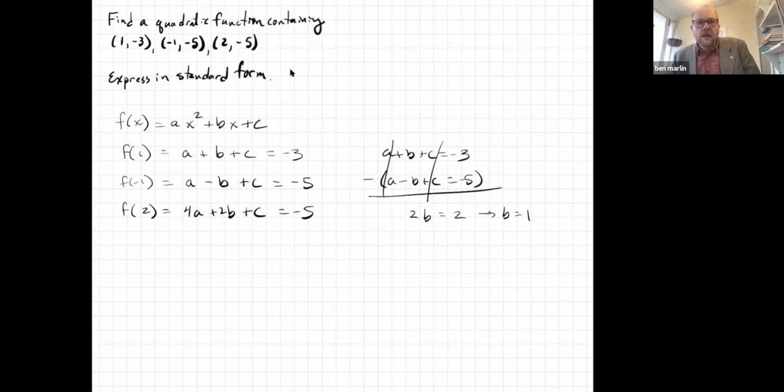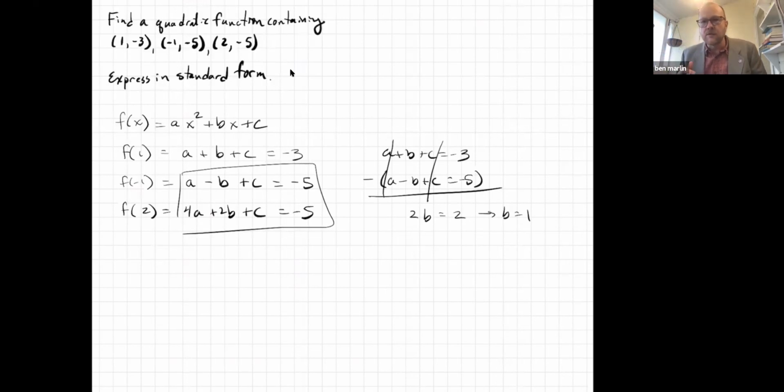Okay. So once I've got that, I can substitute it back into any of these equations, and that means that I have one less thing to work with. Now the thing I'm going to do is to go ahead and take these 2 equations here, and I'm going to put the b in them, and then work with them.